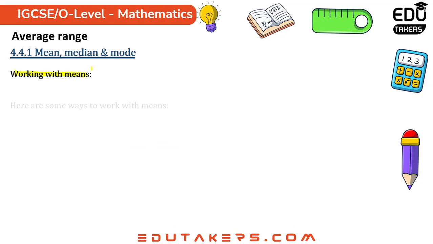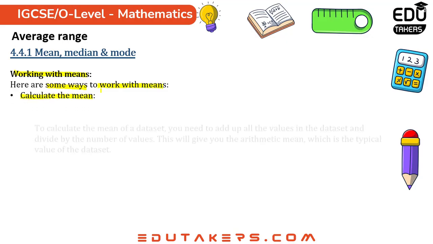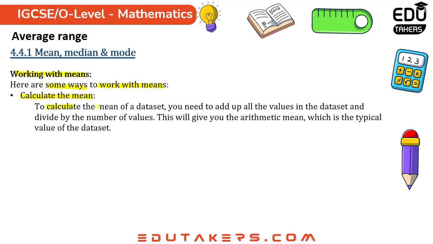Working with means. Here are some ways to work with means. Calculate the mean. To calculate the mean of a dataset, you need to add up all the values in the dataset and divide by the number of values. This will give you the arithmetic mean, which is the typical value of the dataset.